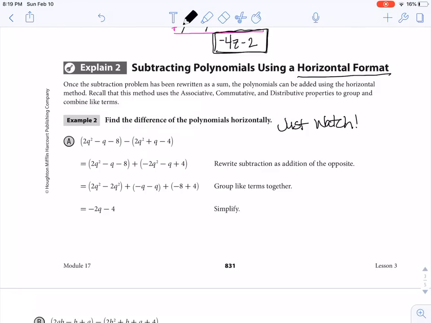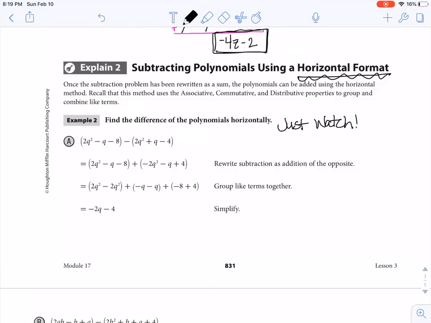So previously we learned how to subtract polynomials using the vertical format. And so we're going to switch it up a little bit. Like the title says, we have this horizontal format. And so the first thing I want to look at is A, which is 2q squared minus q minus 8 minus 2q squared plus q minus 4.